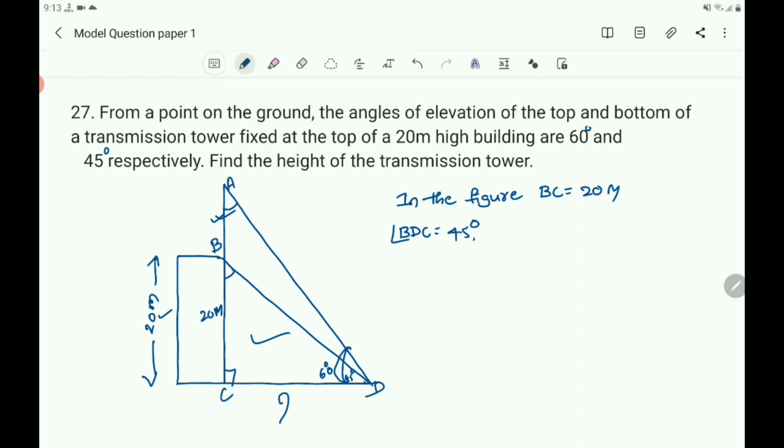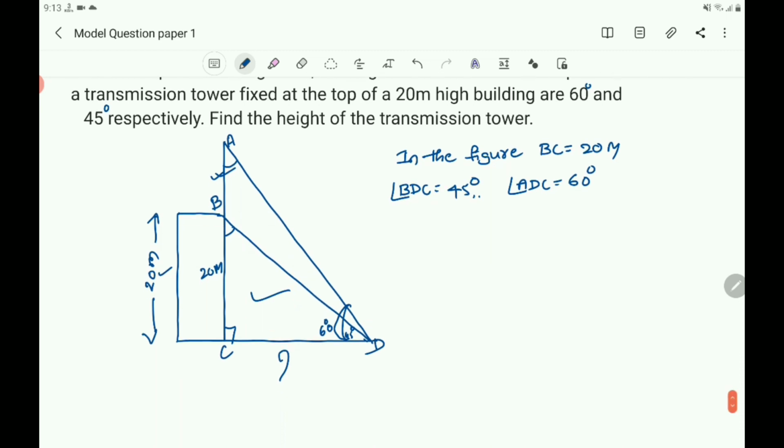That is the angle of elevation of the bottom, and angle ADC equals 60 degree. That is the angle of elevation of the top of the tower.